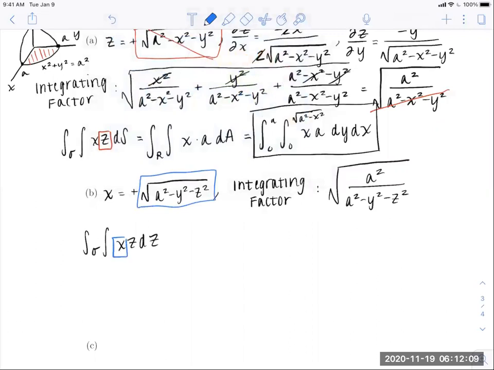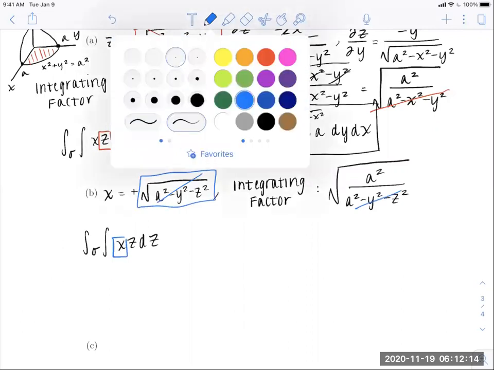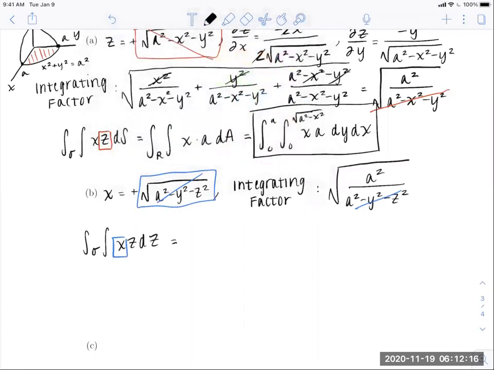That is going to cancel out with the bottom of my integrating factor. And so this becomes the double integral over the region of za dA. And whoops, I just noticed I made a mistake here. This dz should have been a dS. So let me correct that here in blue to call your attention to it. That was just a typo.